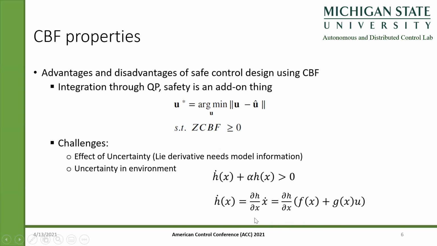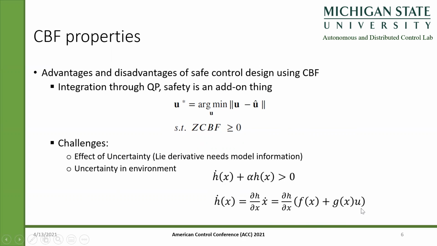If you take a look at this condition, u appears in a linear relationship, and this optimization is easy to solve. But one of the challenges here is that in h dot, the trajectory information x dot appears, so we need to have full knowledge of f and g, which is not always available in practice.